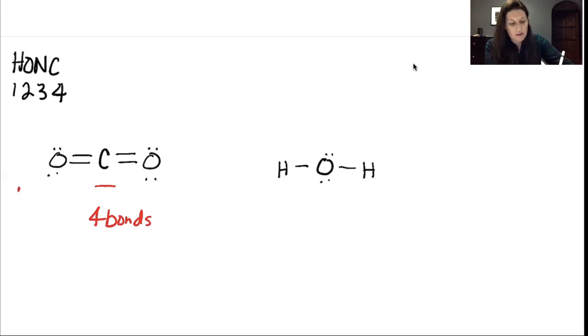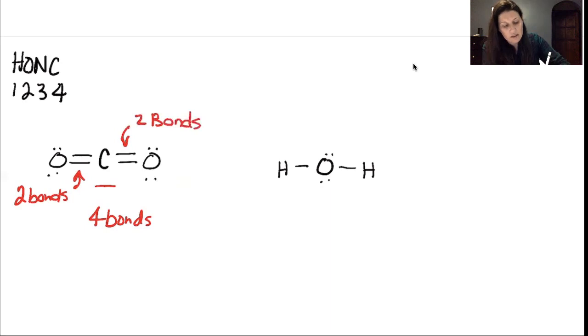So this oxygen has two bonds right here, and this oxygen also has two bonds. And notice it has those four non-bonding electrons around it to give it the octet.